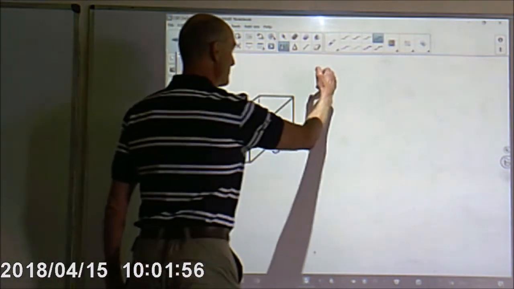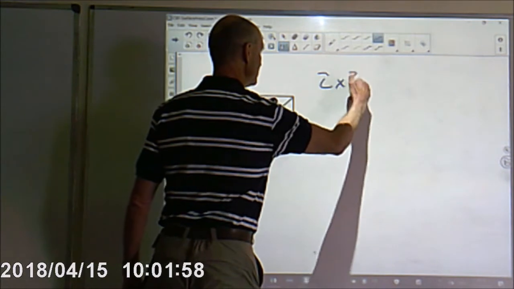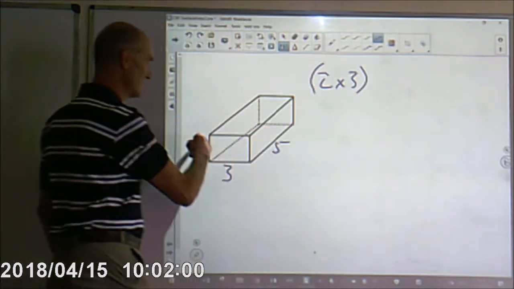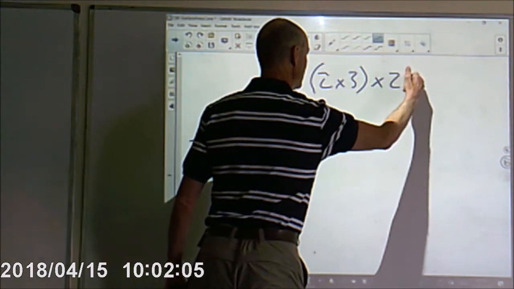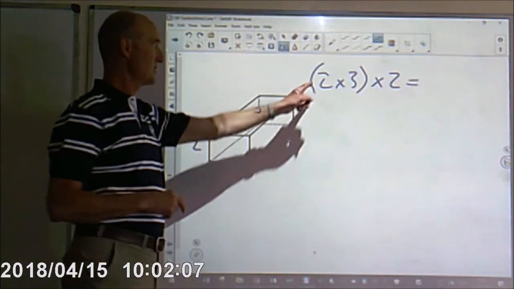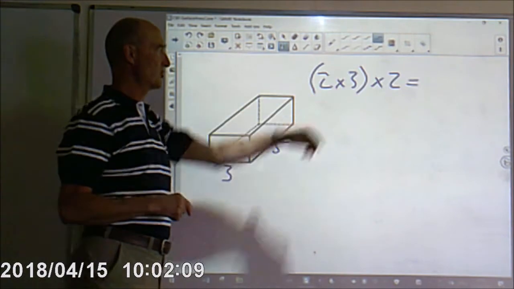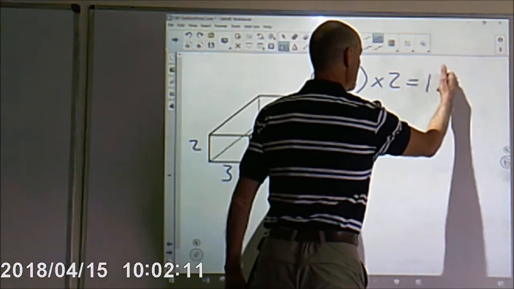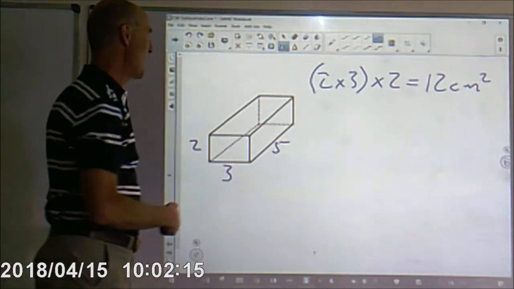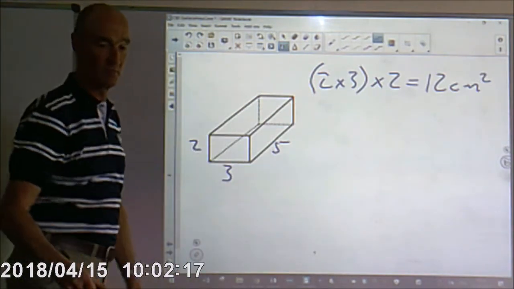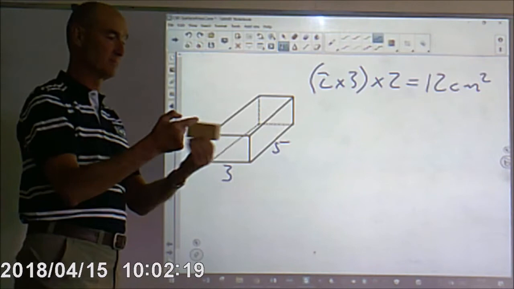So we've got 2 times 3 to give us that surface area, and then we've got 2 lots of it. 2 times 3 is 6, 6 times 2 is 12 centimetres squared for the two ends, the two smaller rectangles.